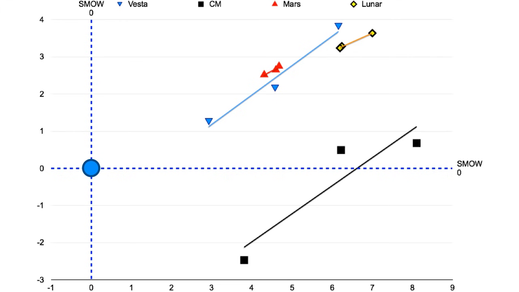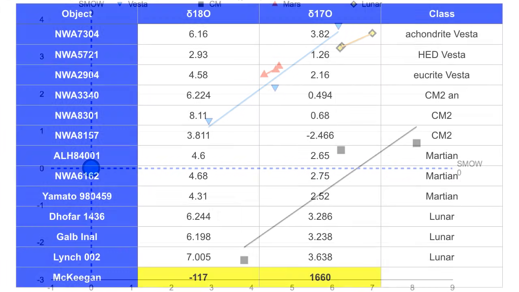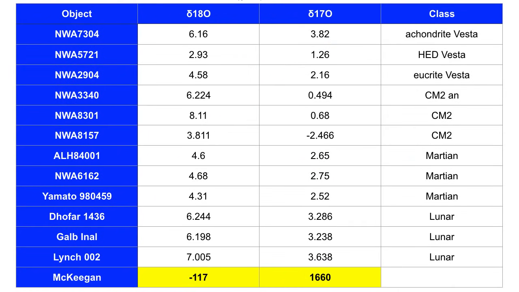And now McKeegan is way to the left, and it's way, way up. Here's the McKeegan numbers again in yellow. Negative 117 in oxygen 18. So it's depleted.